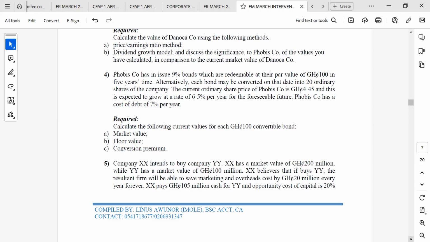It will be converted if the value that you are receiving for the shares is higher than the amount that you'll be receiving in cash. That is why you go with it. So you first test and see whether the value of the shares they are receiving is higher than the nominal value. If that is the case, then we have to calculate the market value using the conversion side of it.